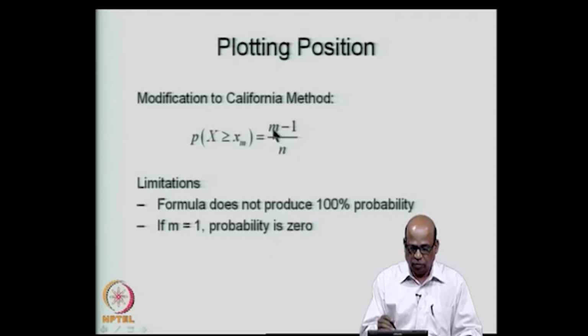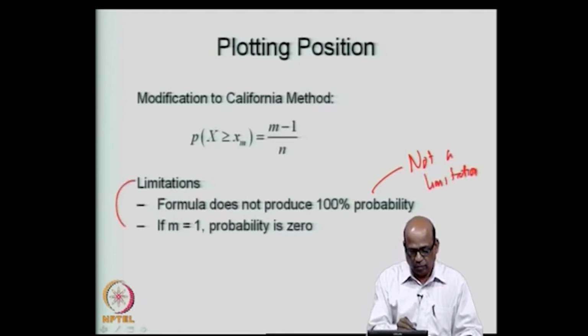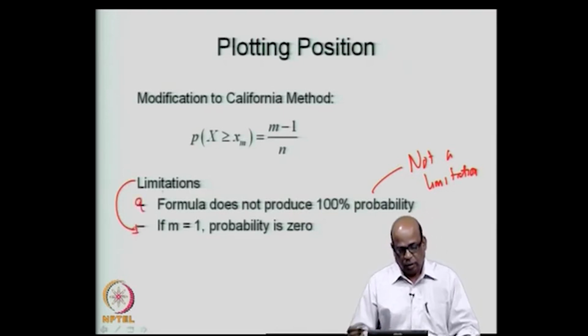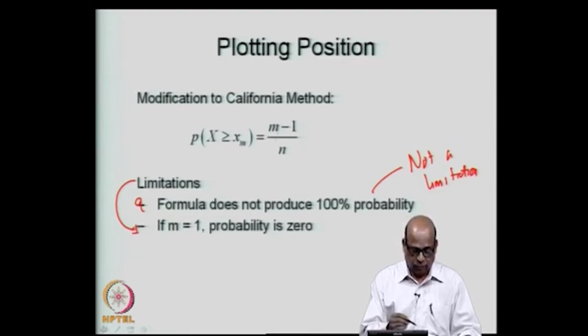The first formula does not produce 100% probability, so that is not a limitation, but the second one becomes a limitation, because when m is equal to 1, you get a probability of 0.